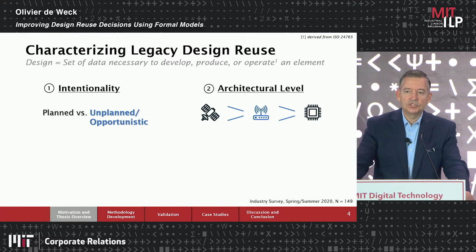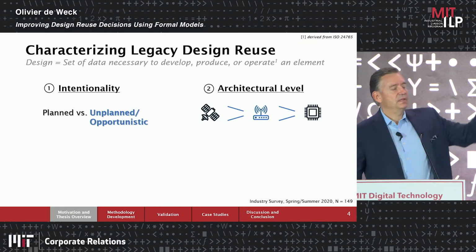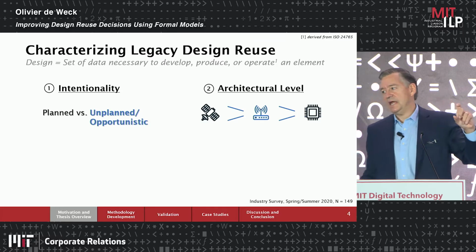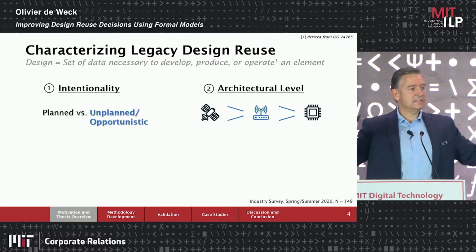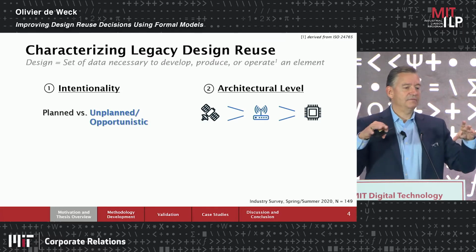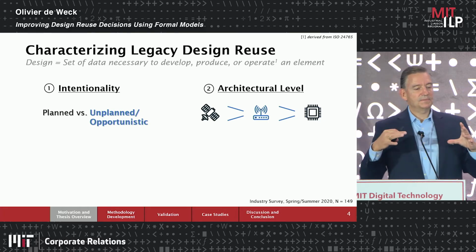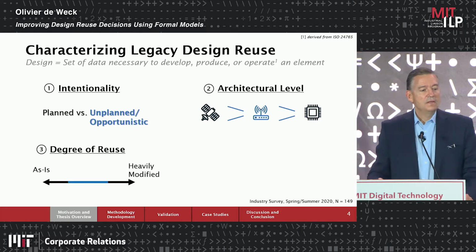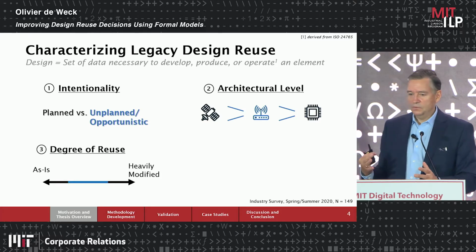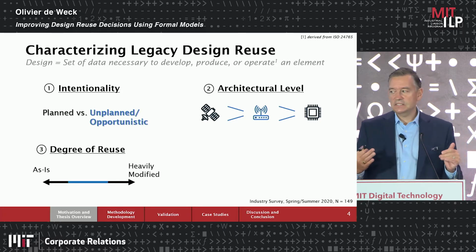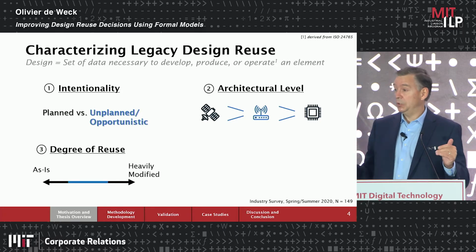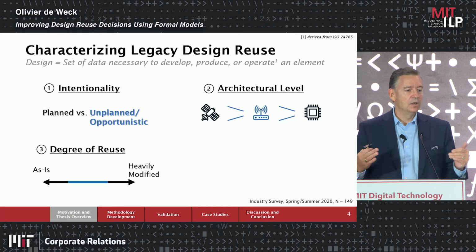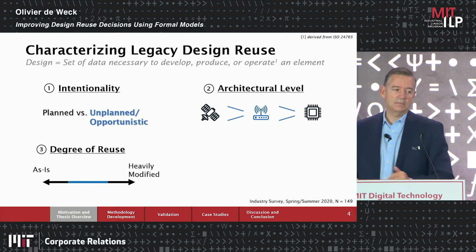Another question you should ask is, at what level, architectural level, does the reuse happen? Is it the full system, so satellite level, product level? Is it at the subsystem level, or is it component level reuse, like chips and processors and so forth? Then how much reuse? Is it copy as is? Sometimes people refer to this as cloning, right? We're going to clone the design, or we're going to reuse it but heavily modified.